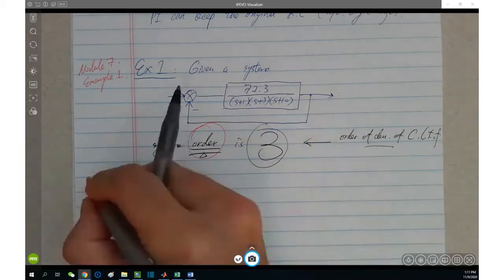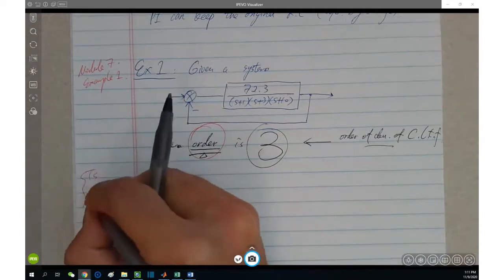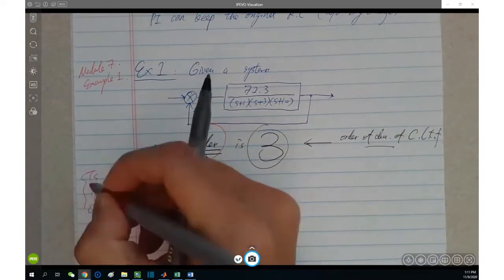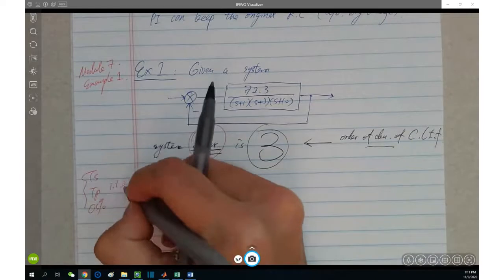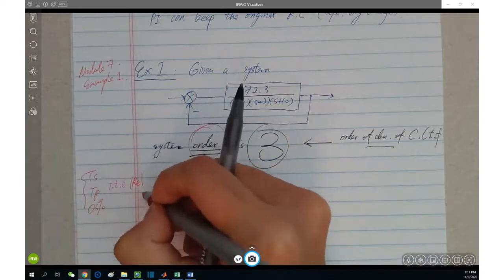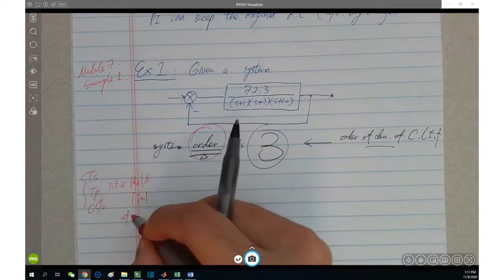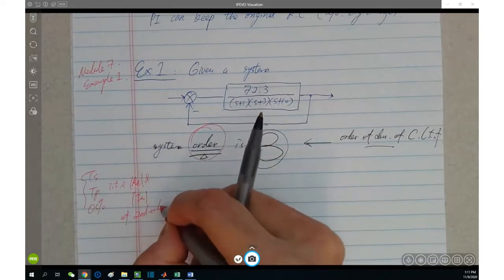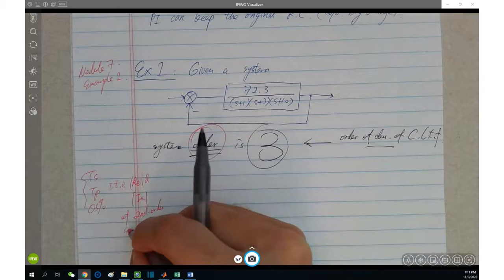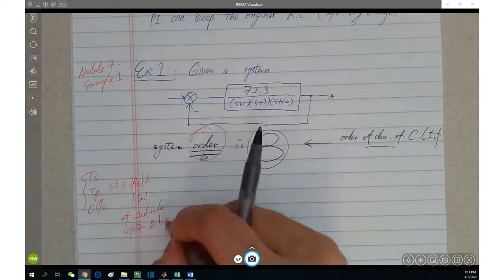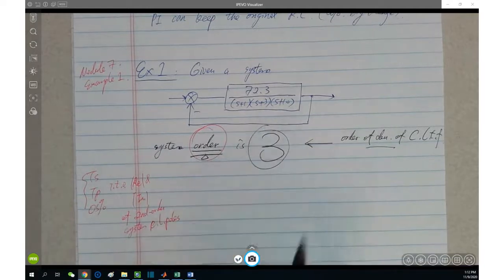Remember those PS, TP, overshoot? They are all in terms of what? Real parts and imaginary parts of second order system closed loop poles, right? Does it make sense?